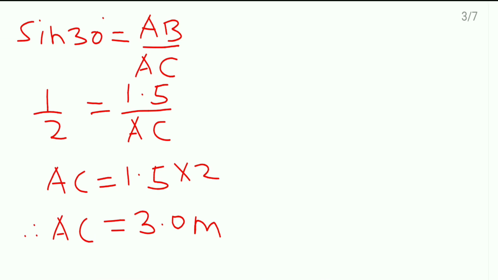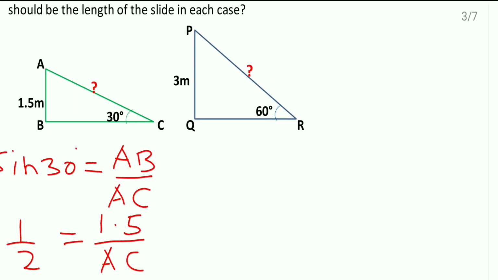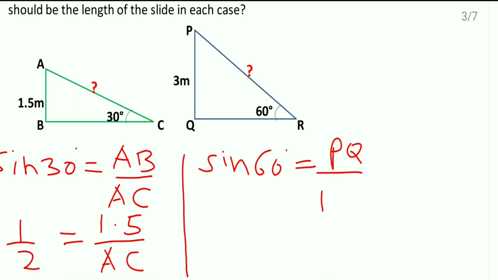Okay, let us see the second figure here. Here also, to get the length of PR, I will use sine 60 degree. Sine 60 degree is equal to PQ by PR, opposite side by the hypotenuse. Sine 60 is what?